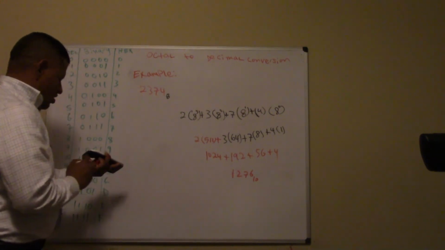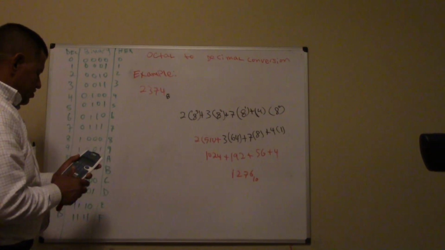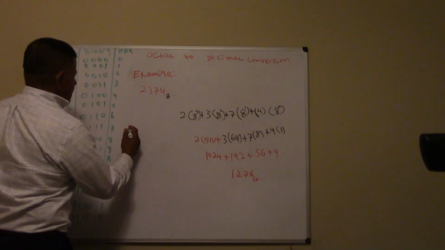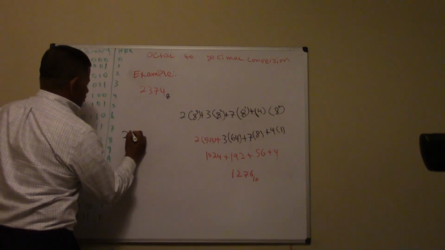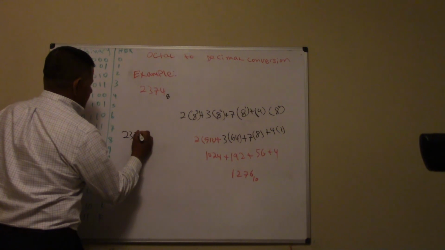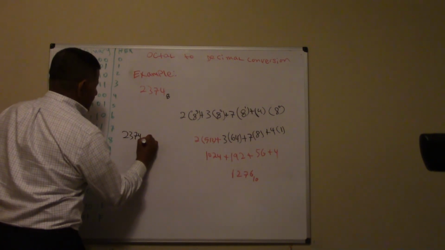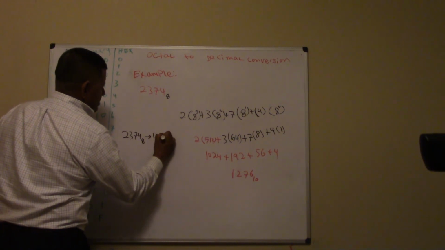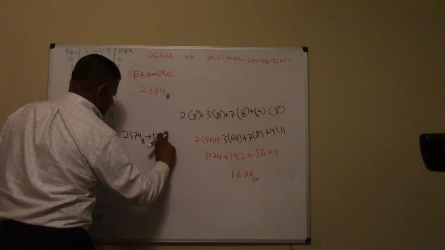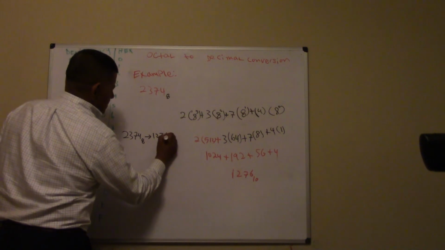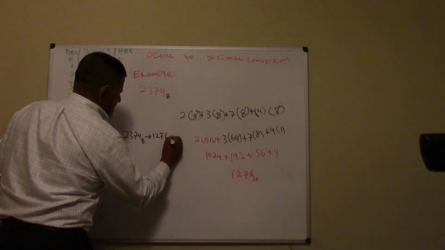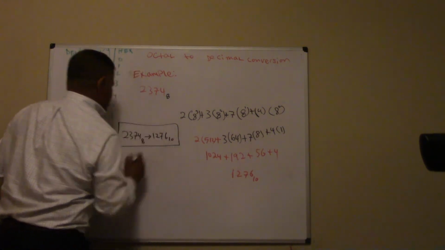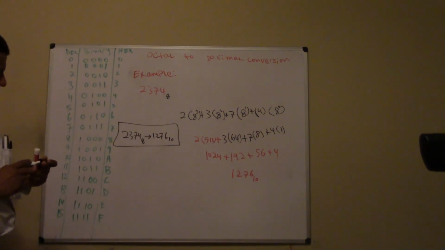So we can say that 2374 base 8 corresponds to 1276 base 10. Alright, so that's the answer for that one.